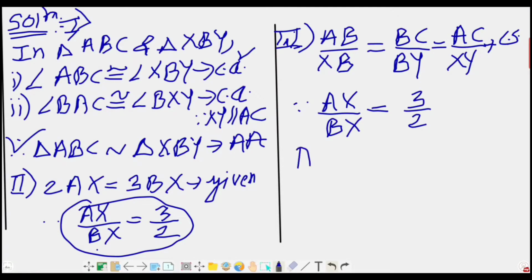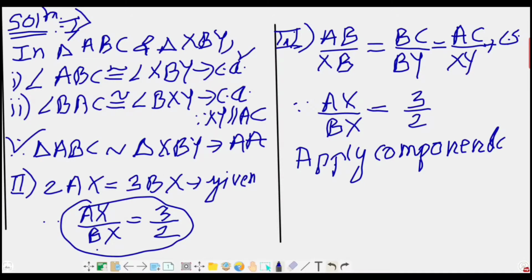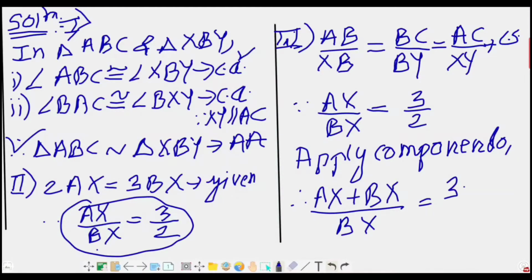Now on this I'll apply componendo. You know how to apply componendo in ratio and proportion, you have done. In componendo, the numerator gets added to the denominator, and the denominator gets added to the numerator. So your AX plus BX upon BX will be equal to 3 plus 2 upon 2.